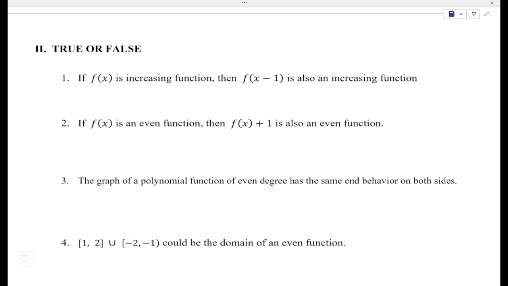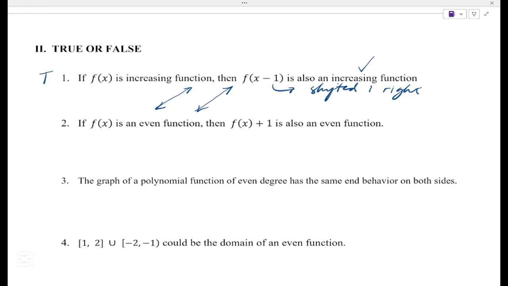So let's create a given of an increasing function like this. If this is the graph of an increasing function, and when we transform this, as you can see here, the x is replaced by x minus 1, meaning it is shifted 1 to the right. So when this function is shifted 1 unit to the right, it will be like this, and that is still an increasing function, meaning this is true.